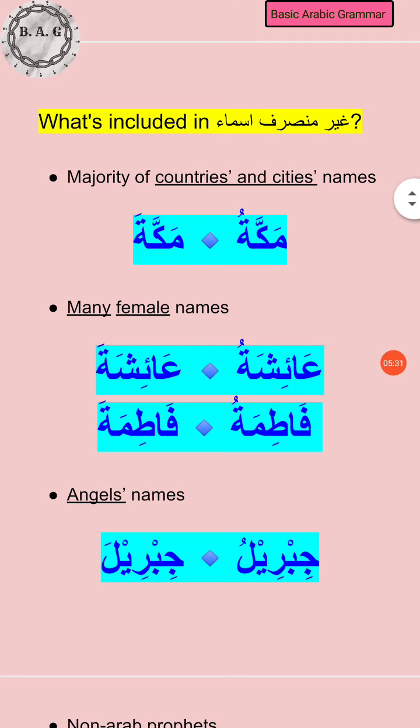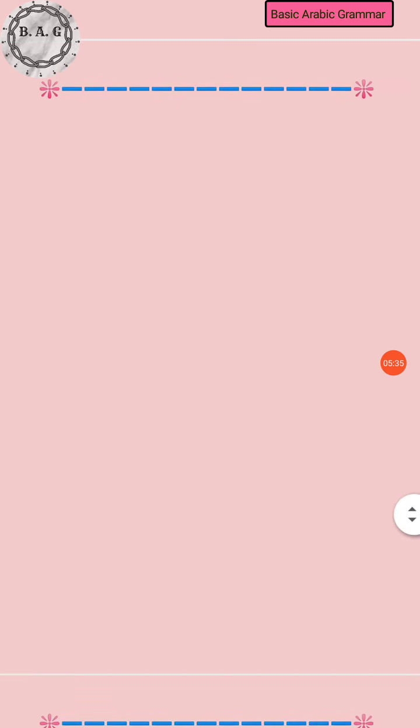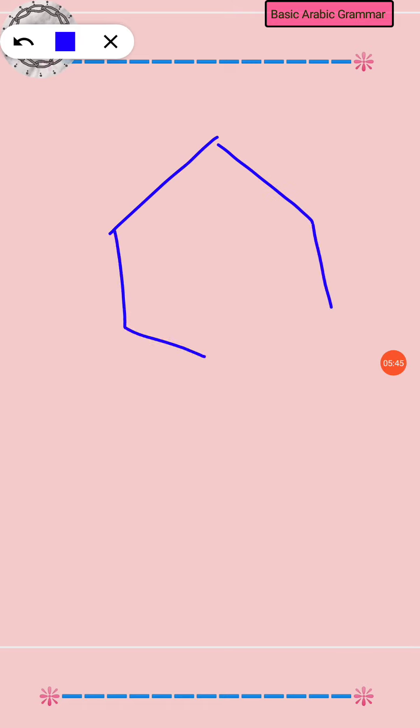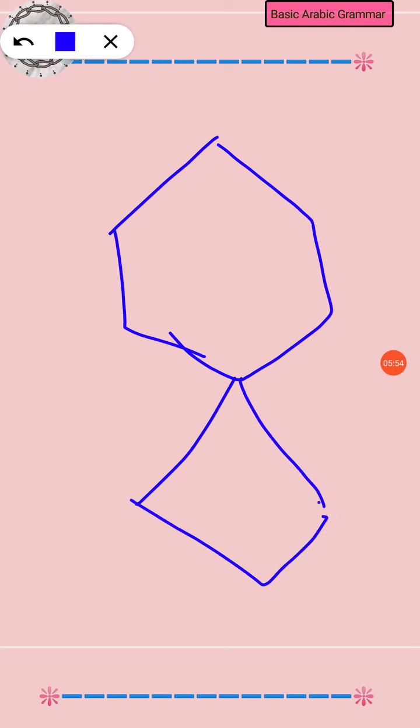So what's included in the Ghair Munsarif Asma? Before we begin, once again, I need to make a tiny little note.